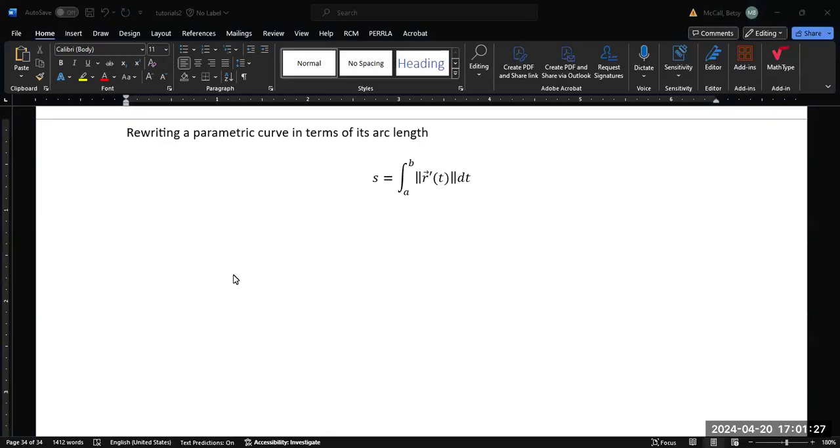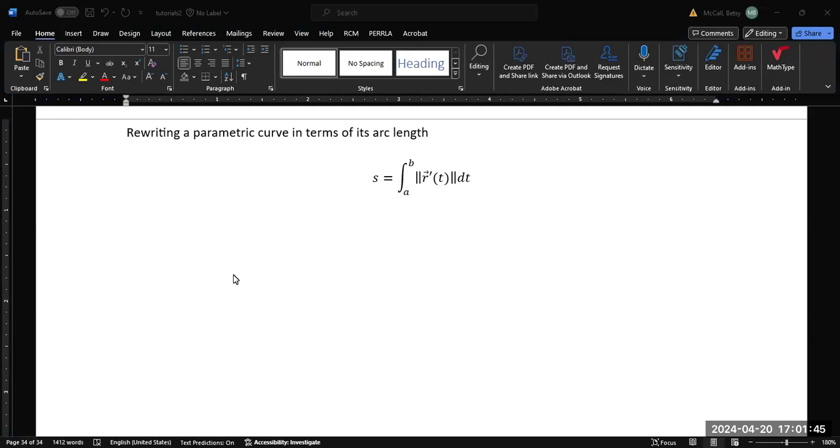Now, in this video, we're going to be looking at some examples of how to rewrite a parametric curve in terms of its arc length. It's worth noting that, like many arc length problems, the integration is not always going to be straightforward.